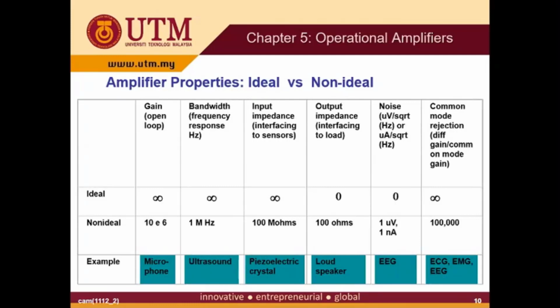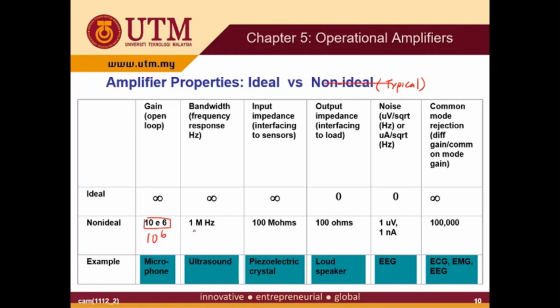Okay, so this table summarizes the properties of the ideal op-amp and compares them with the typical, non-ideal values. The gain is infinity, but the typical value is about 10 power of 6.